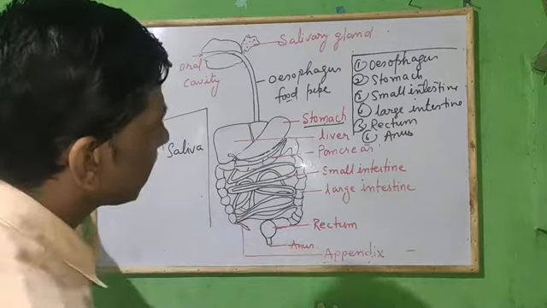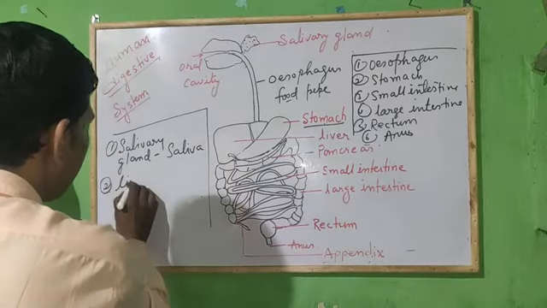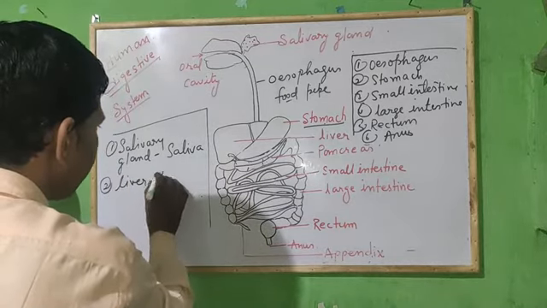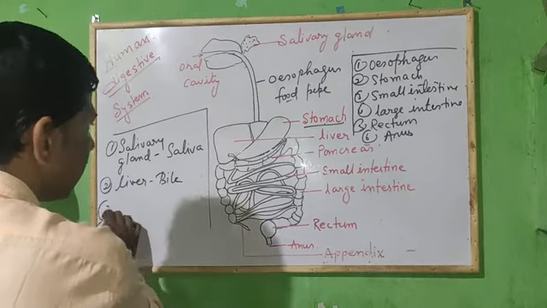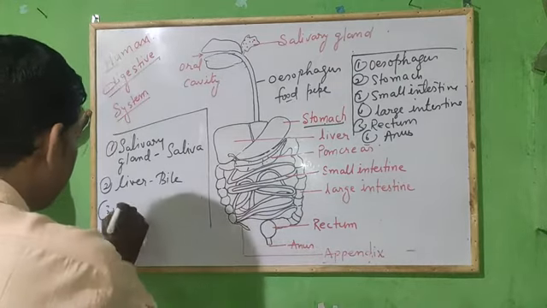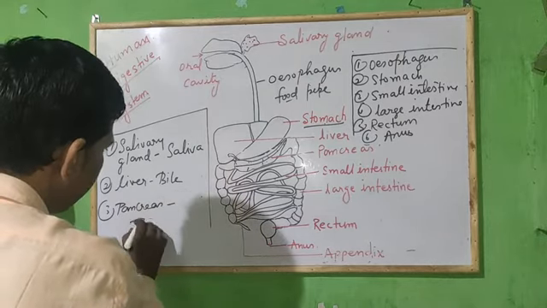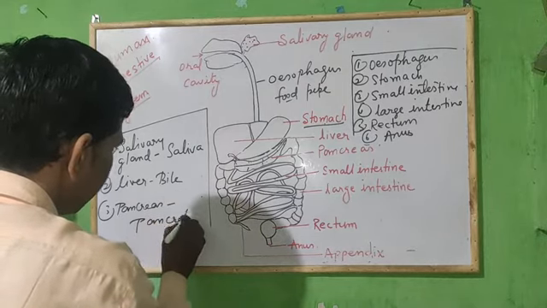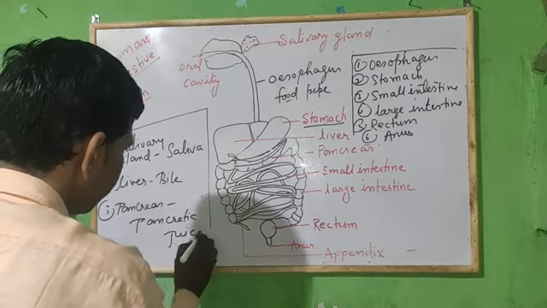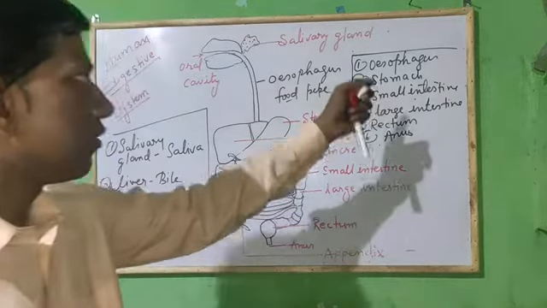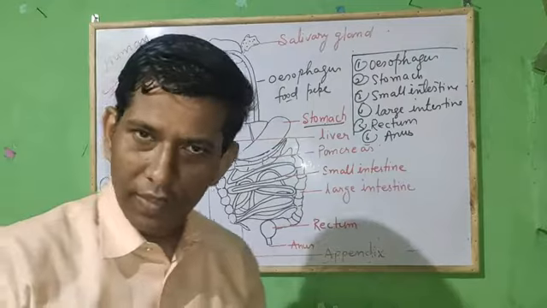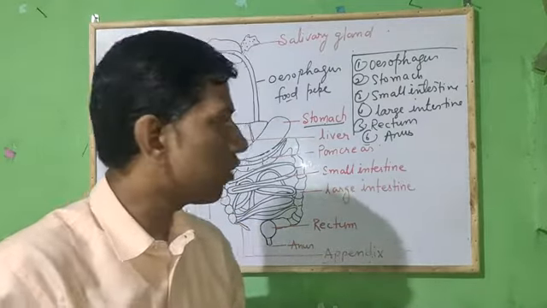The second gland, dear children, is the liver. The liver is the largest gland of our body, and it secretes bile juice. The third and most important gland is the pancreas, which secretes pancreatic juice. Clear? So the organs and glands work together and perform the process of digestion.